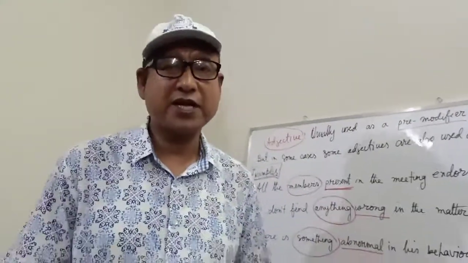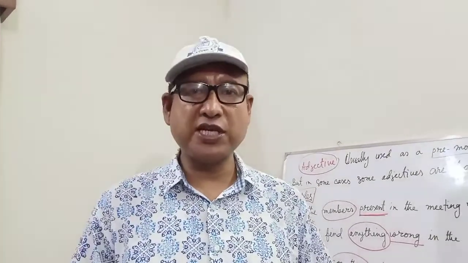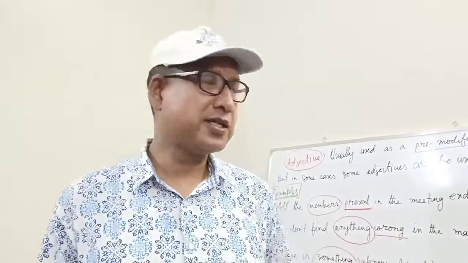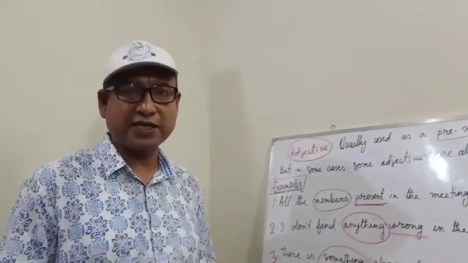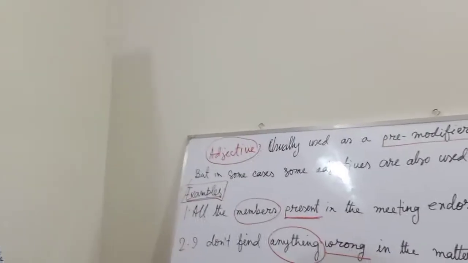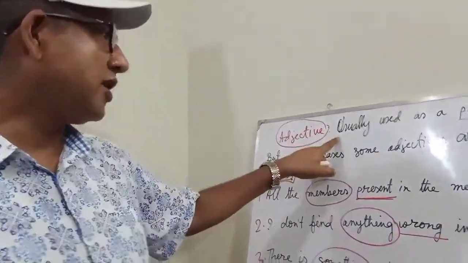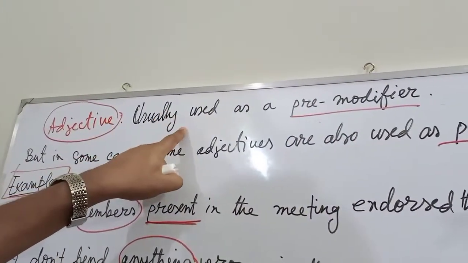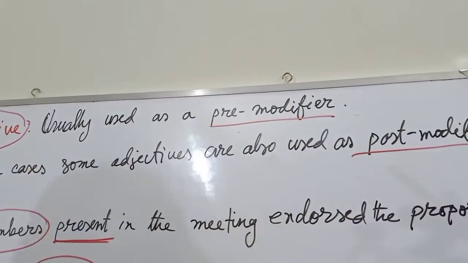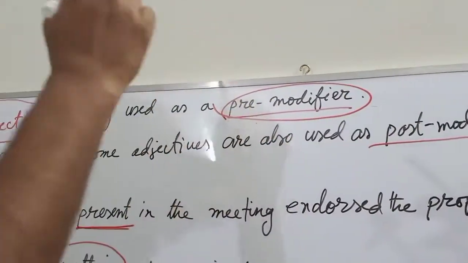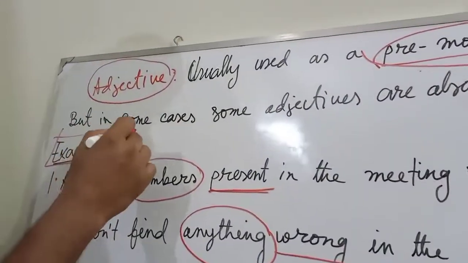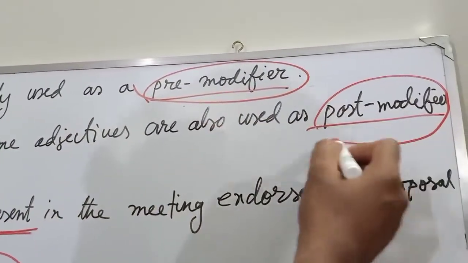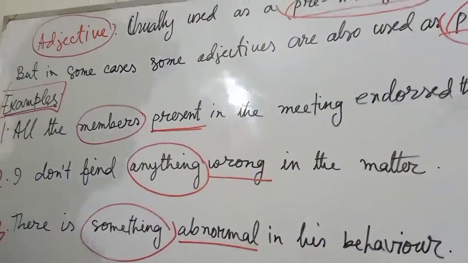We know that adjectives are mostly used as pre-modifiers. In the last class we have seen it, but in some cases adjectives are also used as post modifiers. Adjectives are usually used as pre-modifiers in most cases, but in some cases, some adjectives are also used as post modifiers, in very rare cases.